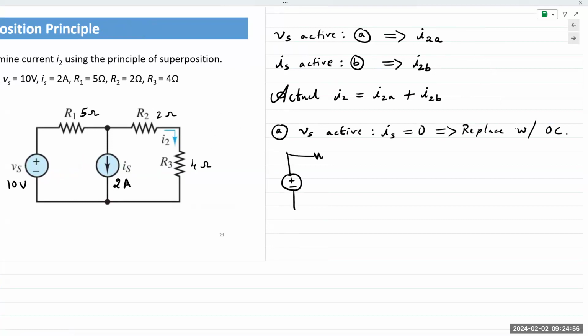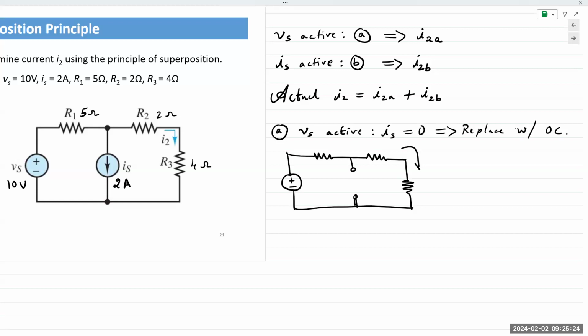That's VS. If you replace it with an open circuit, you don't even have to draw out these terminals. You can leave them off the circuit. You don't have to draw them out. This is just for illustration purposes because this is the first example.